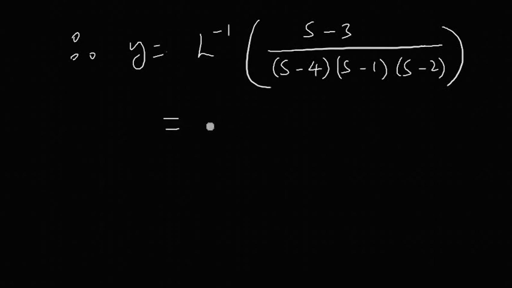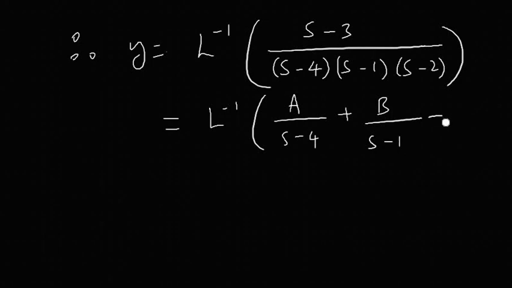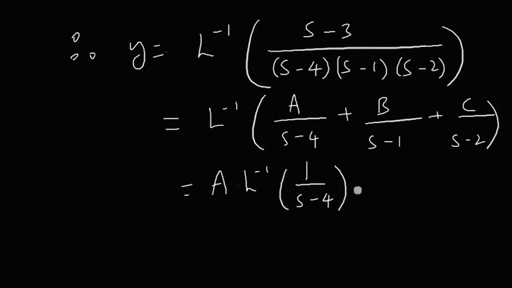So it will finally come as L inverse of a by s minus 4 plus b by s minus 1 plus c by s minus 2. And finally, whatever a, b and c come after solving it, it will be a into L inverse of 1 by s minus 4 plus b into L inverse of 1 by s minus 1 plus c into L inverse of 1 by s minus 2.